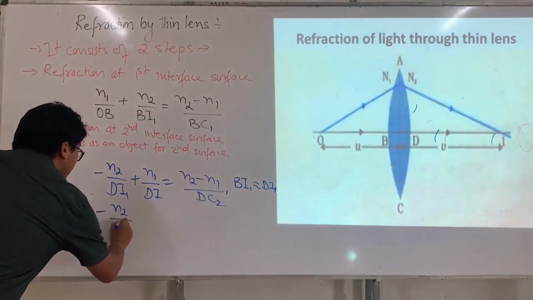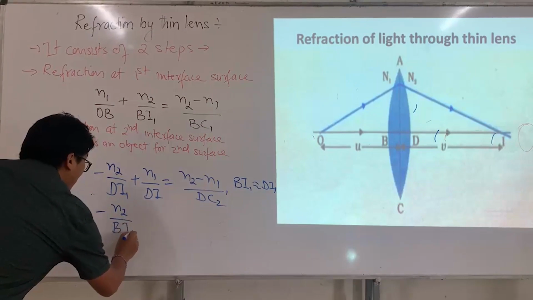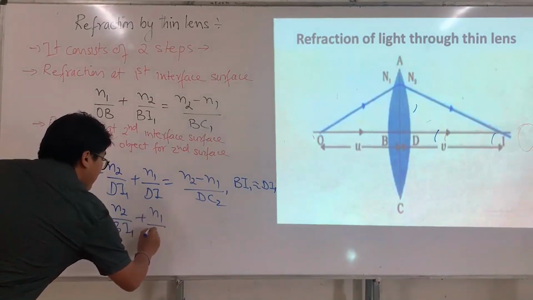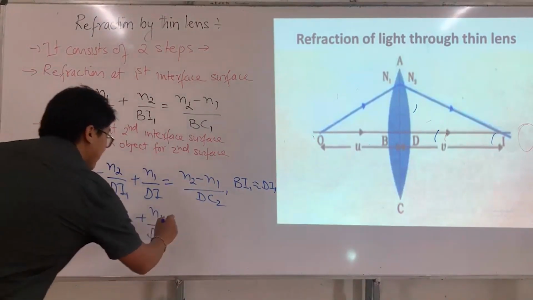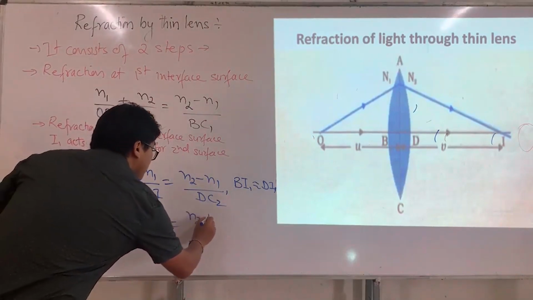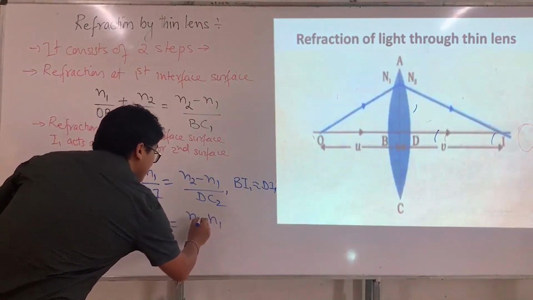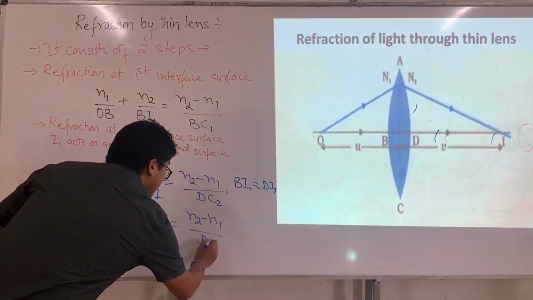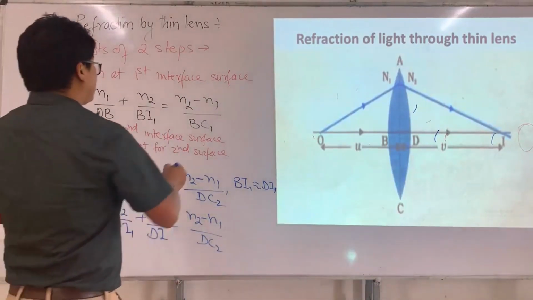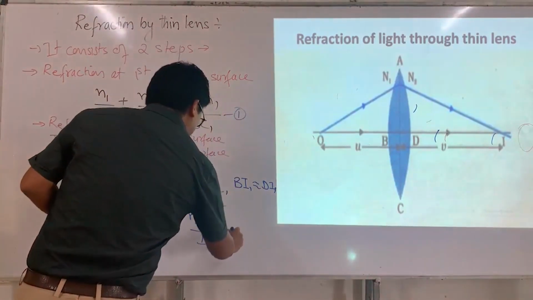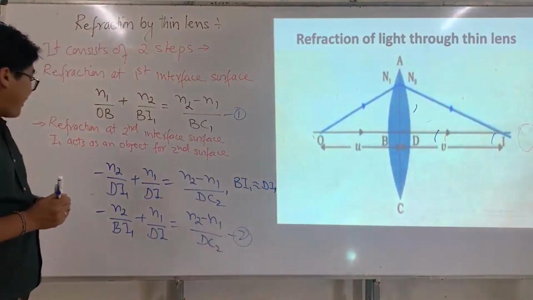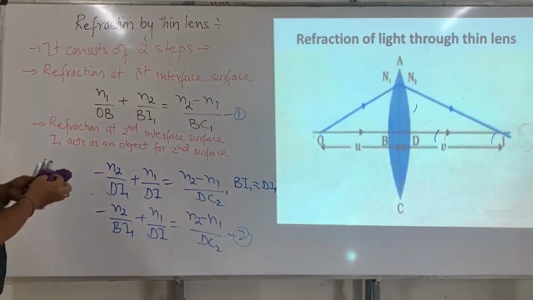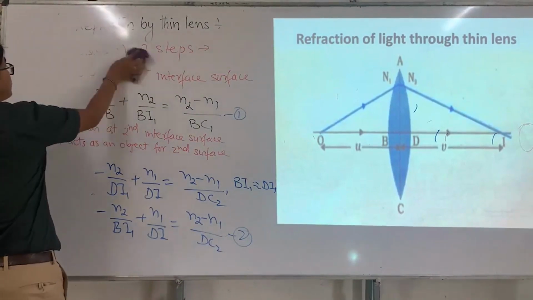So I'll just do it. This is bi1 plus n1 di equal to 2n1 divided by dc2. Say this is equation number 1, this is equation number 2. I am going to add up equation 1 and equation 2.